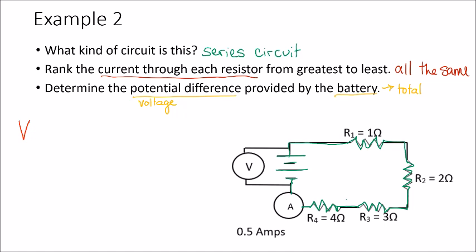Again, because we're looking for voltage, we're going to use current times resistance. But this time, instead of looking for individual currents and individual resistances, we're looking for total voltage, which means we need to know the total current and the total resistance.